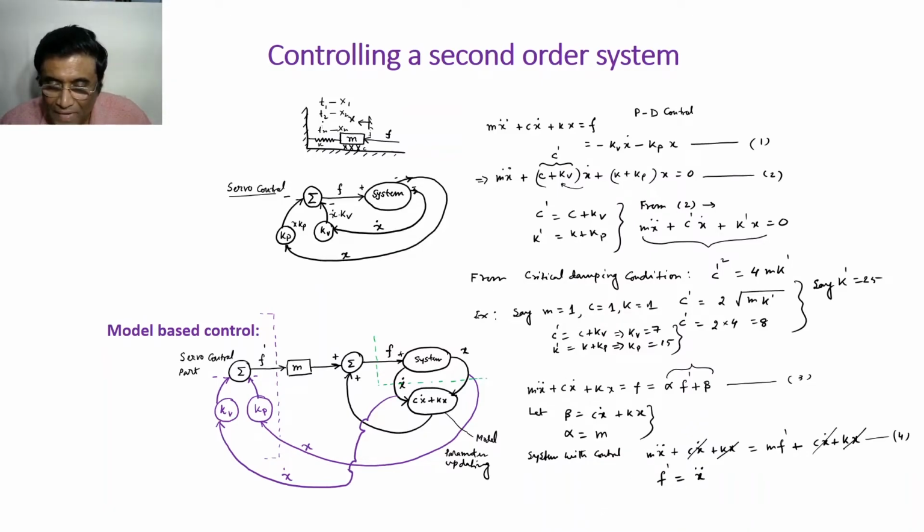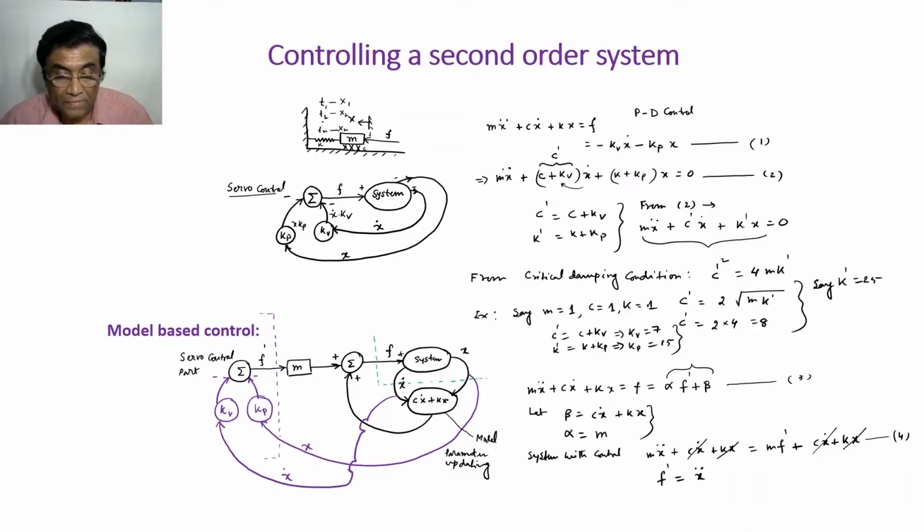What we have done? The system is attached with a control force F, and it now has two parts, fragmented. One part, beta, is dedicated to updating some of the parameters, which we trivially know. You see what we have done here with c and k, so that is why it is called model based control. Once I have the model, I know this c x dot plus kx, and I am taking that signal x dot.